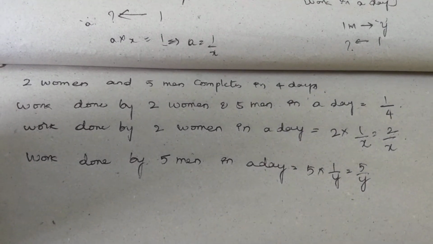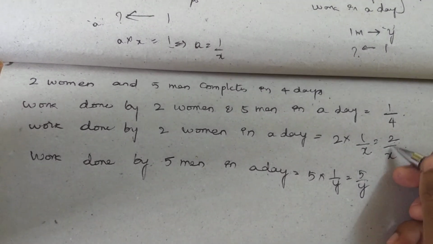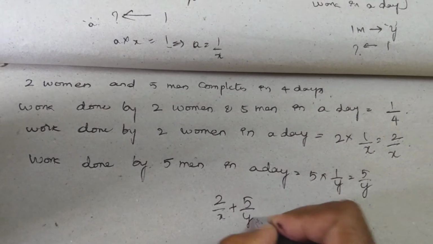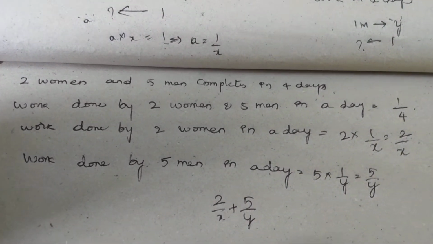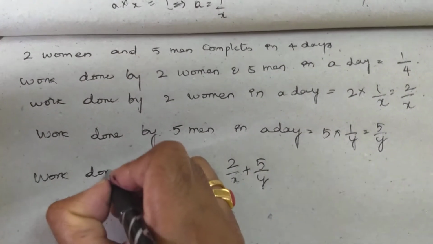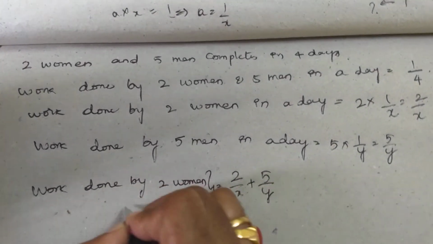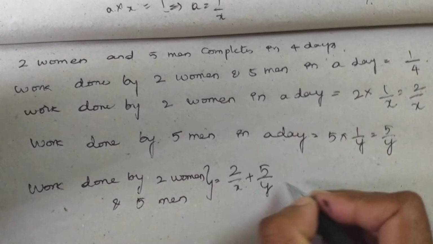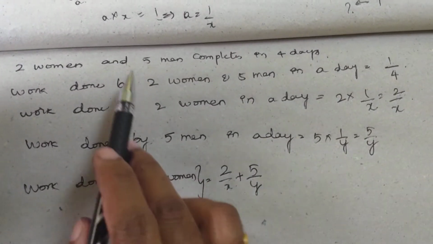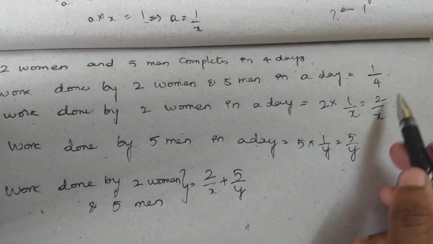So how can we equate this? Work done by 2 women and 5 men can be written as 2 by X plus 5 by Y. Work done by 2 women and 5 men in a day is already 1 by 4.